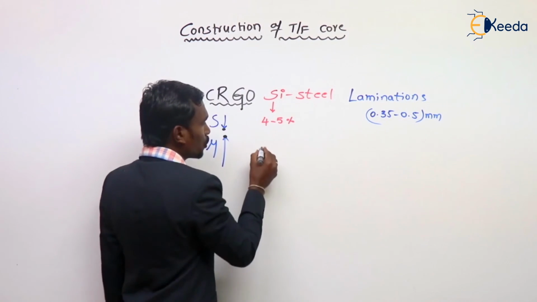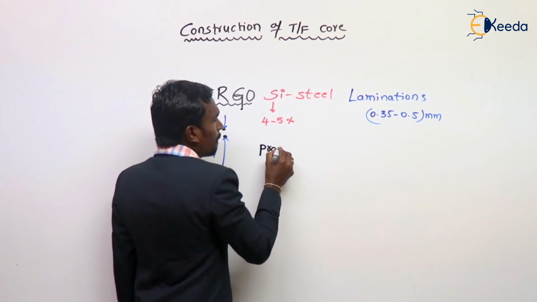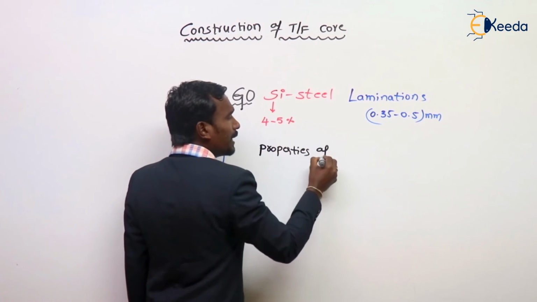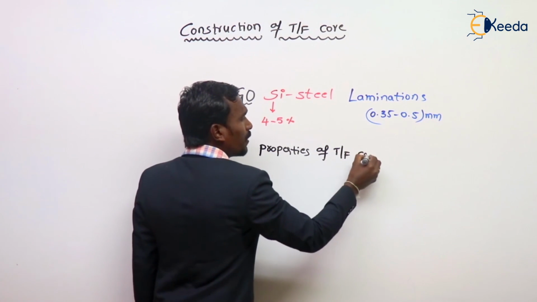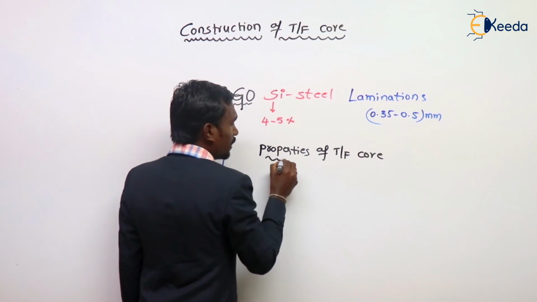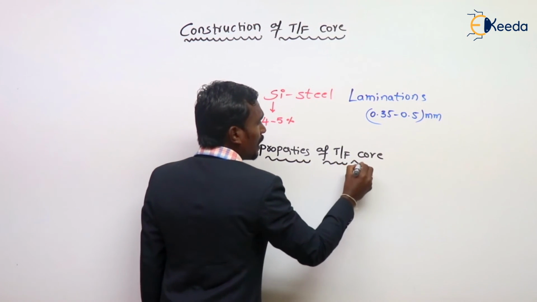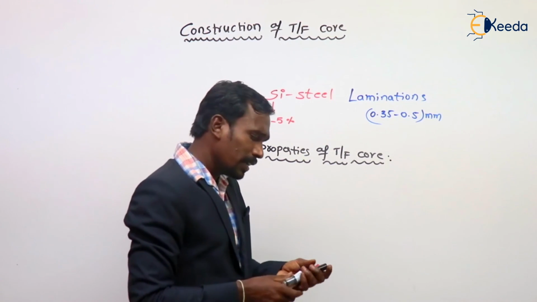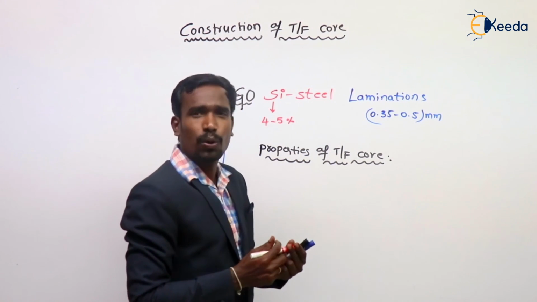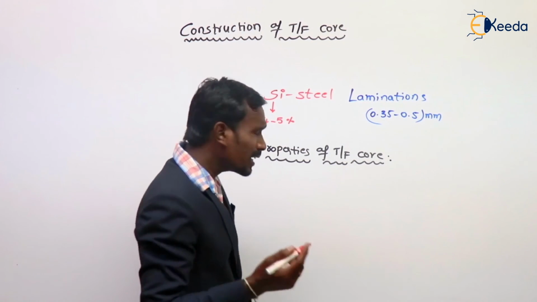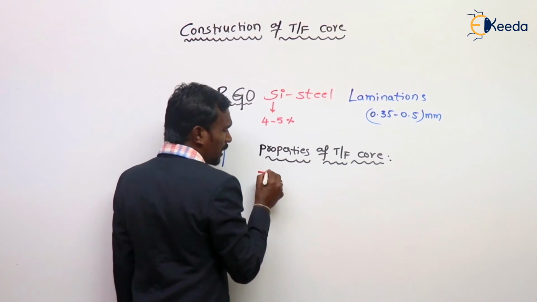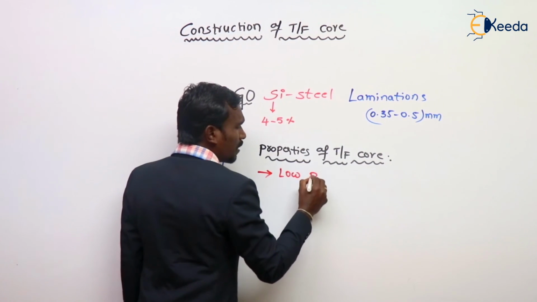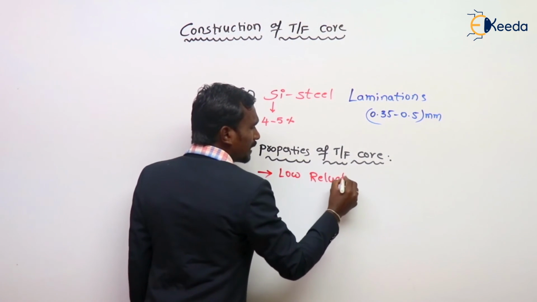Now they will ask you a question: what are the properties of the transformer core? See here, first one, low reluctance.